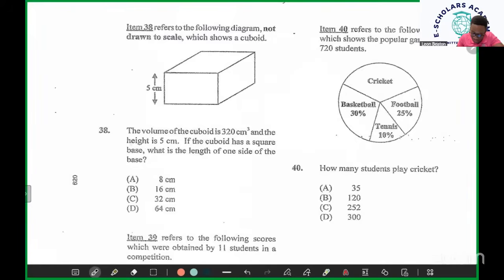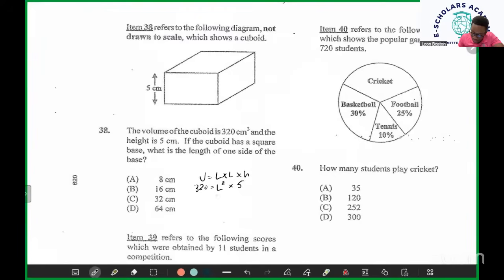So the volume is equal to length times width times the height. Since it's a square base, it's length times length. They give us the volume as 320, equal to length times length, let's call it L squared, times the height, which is 5.